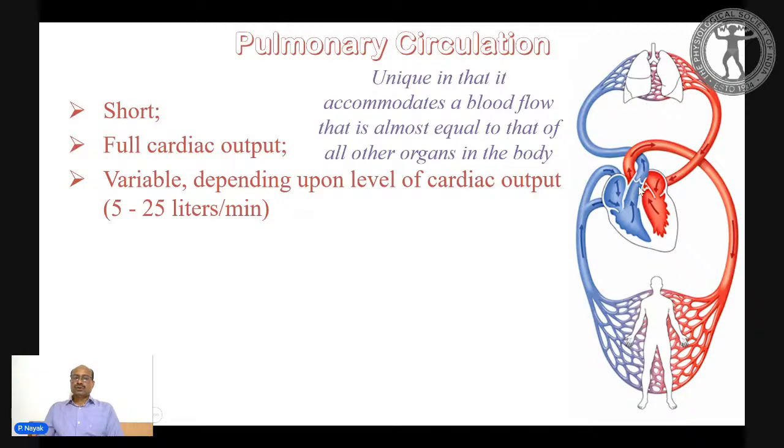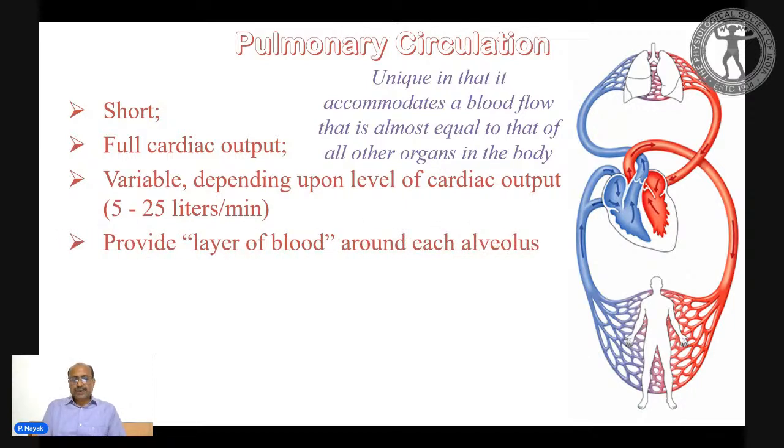So the adjustability in the pulmonary circulation is very high; it has to accommodate whatever the systemic circulation is giving it. If systemic circulation gives 5, it has to take 5. If it is 10, it has to increase to 10. If it is 15, it has to increase to 15.